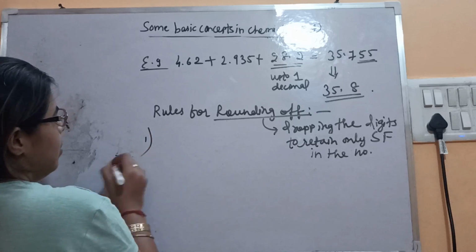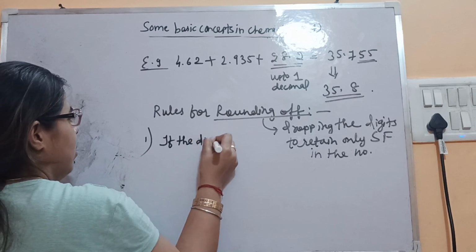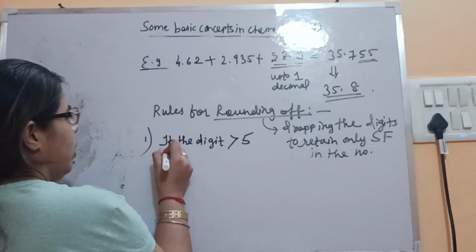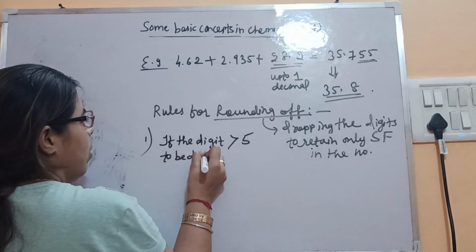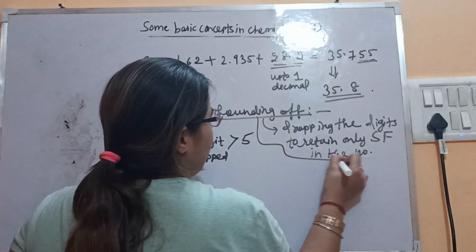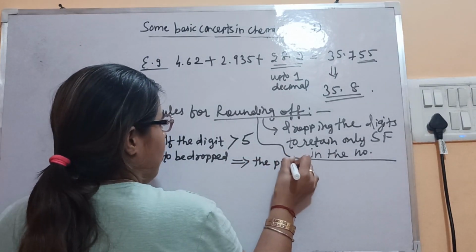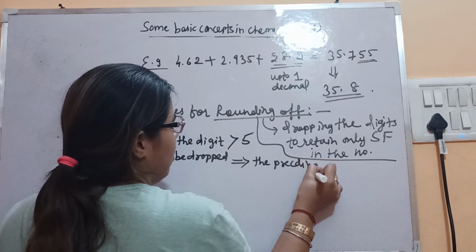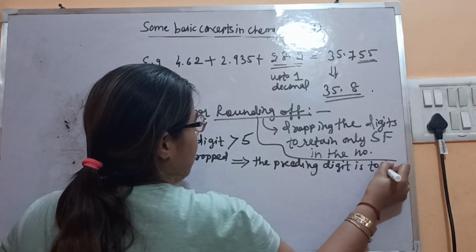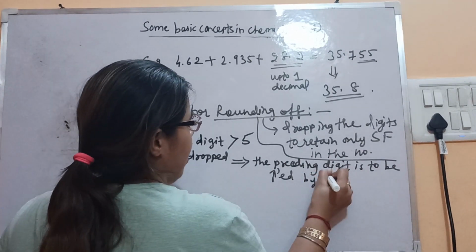First, if the digit to be dropped is greater than 5, then the preceding digit is to be increased by 1.